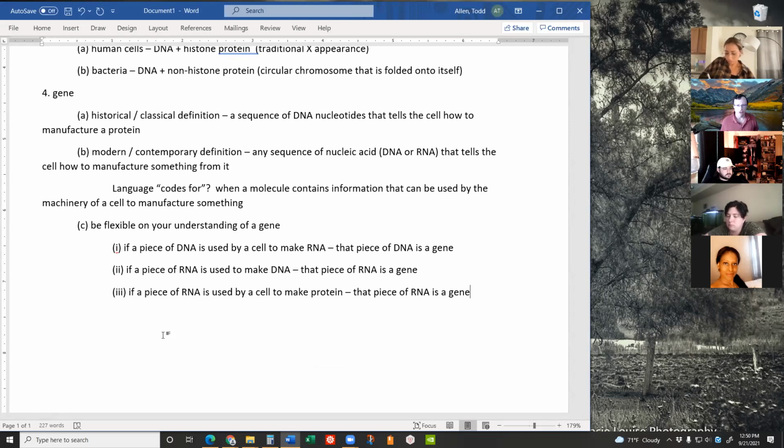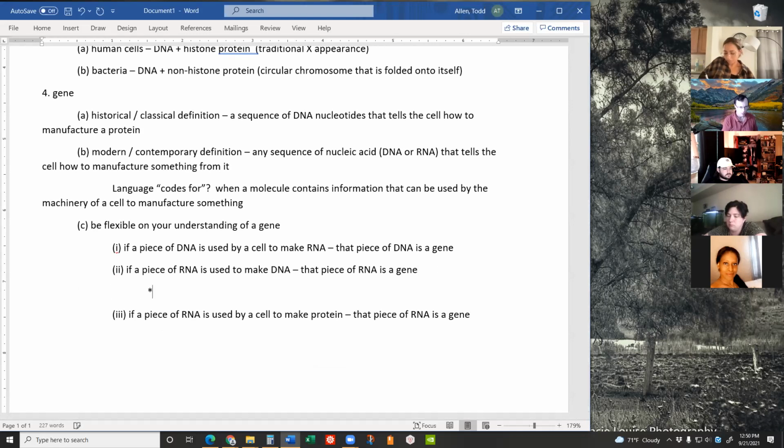So this second one here that I put into your notes: if a piece of RNA is used to make DNA, that piece of RNA is a gene. Here's the deal. There are many viruses out in the world whose genome, whose genetic material, whose instruction manual is stored as RNA instead of DNA.